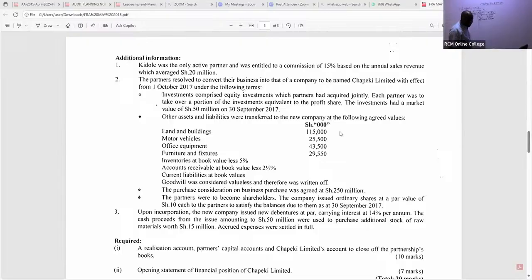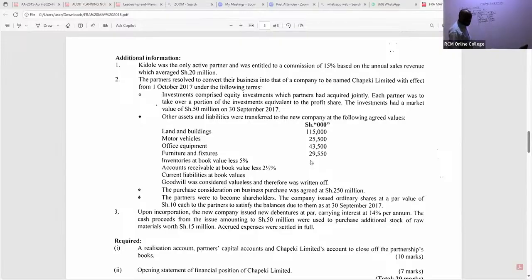Ladies and gentlemen, we have here furniture and fixtures. I can see the fair value. Remember, we are looking at these agreed values. So that is 29,550.